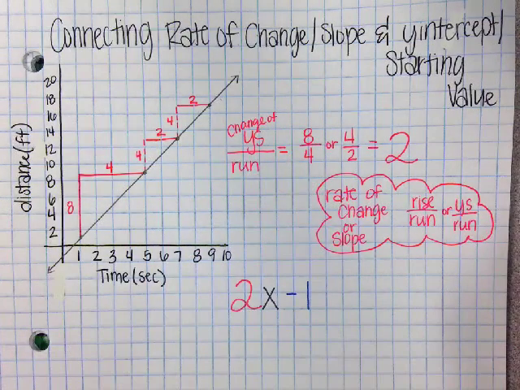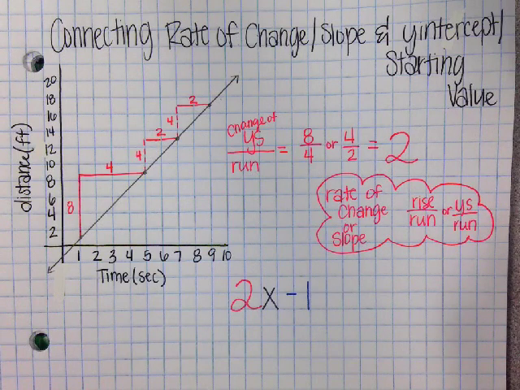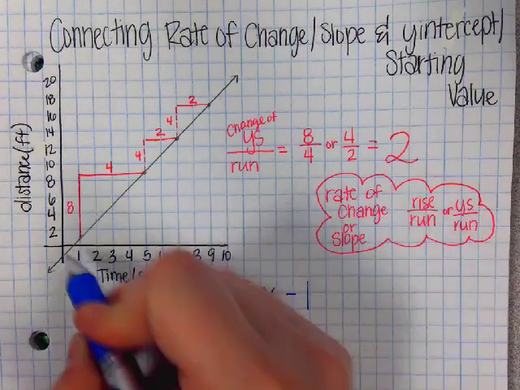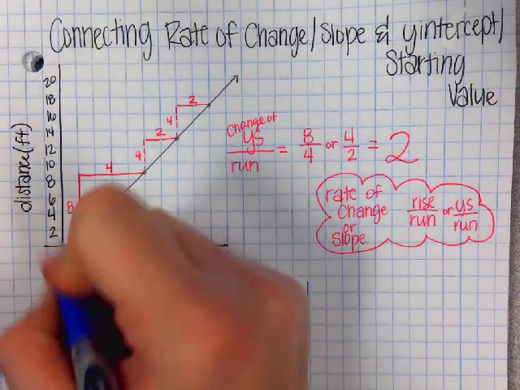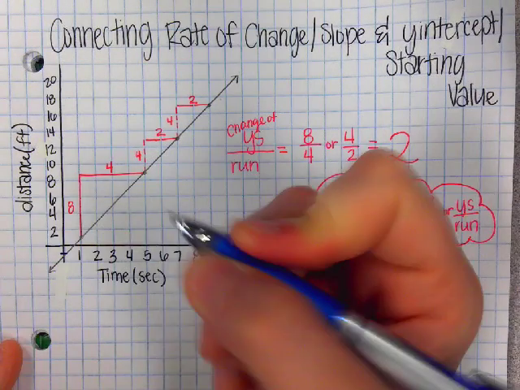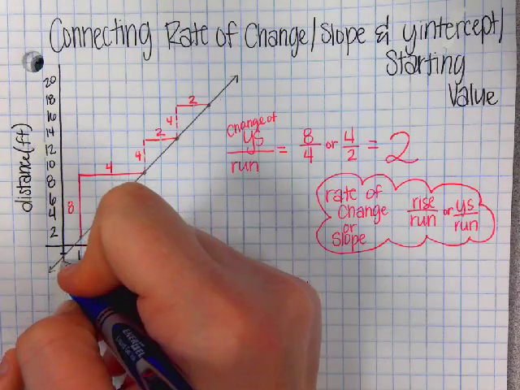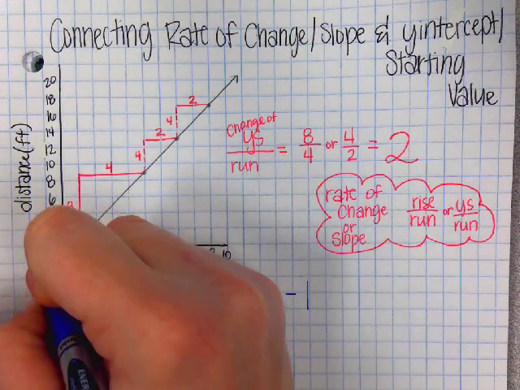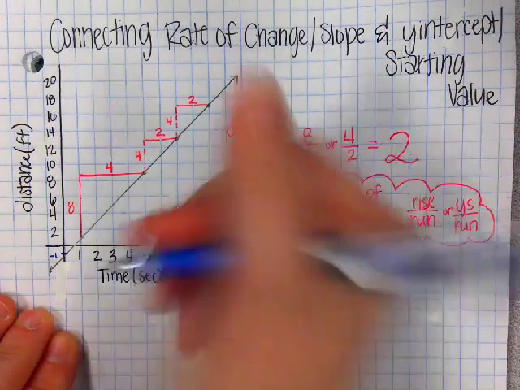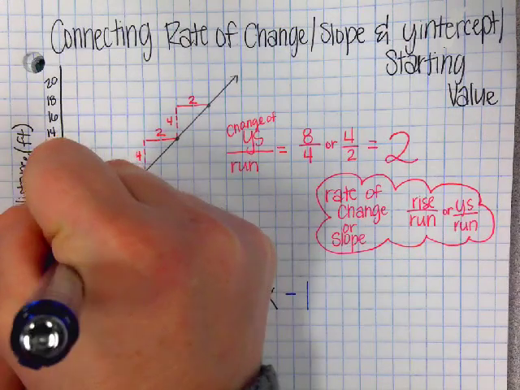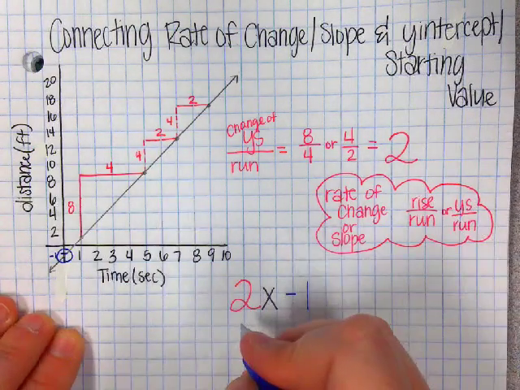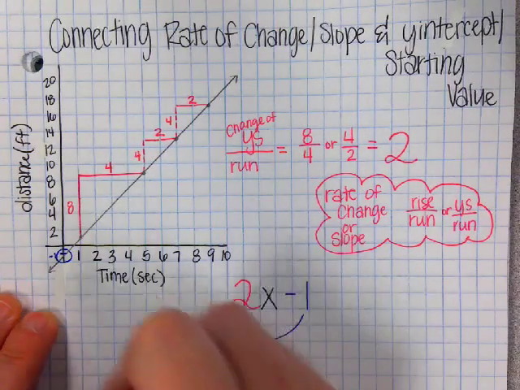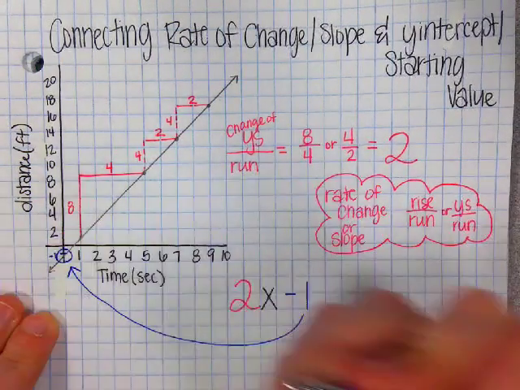Now if you look at this graph, do you see where the minus 1 might come from? The only negative 1 that I see is right here, because remember it's 0, negative 2, negative 4. So this is actually negative 1. So this negative 1 is right there.